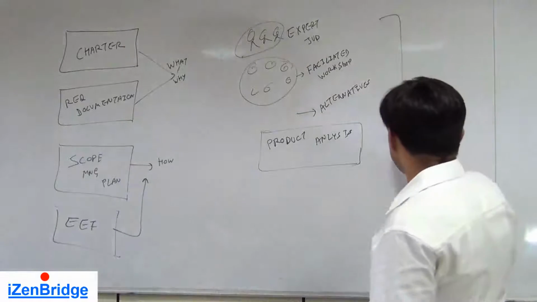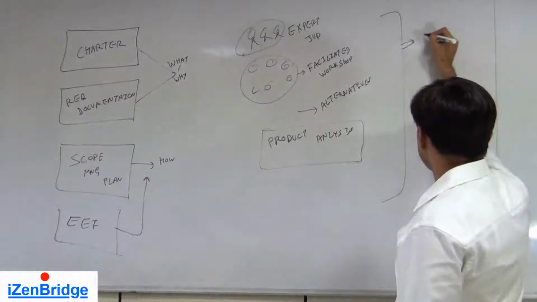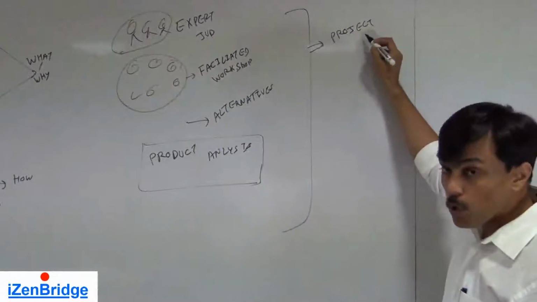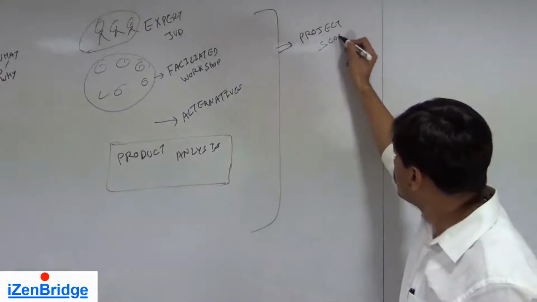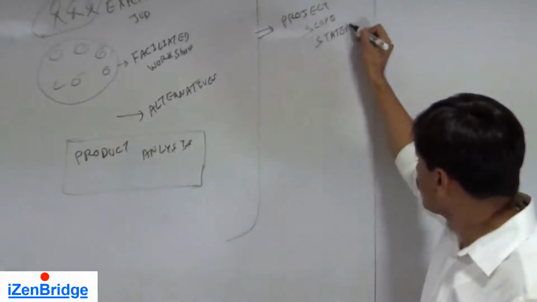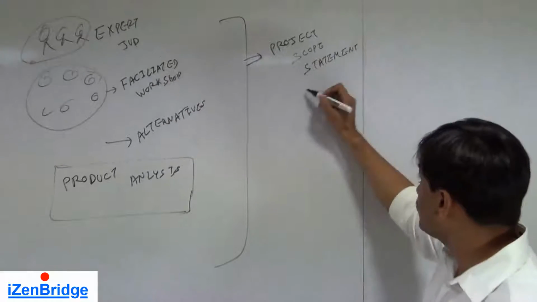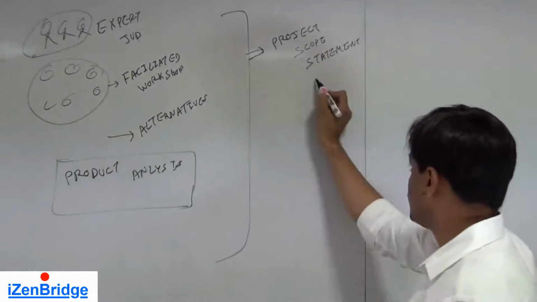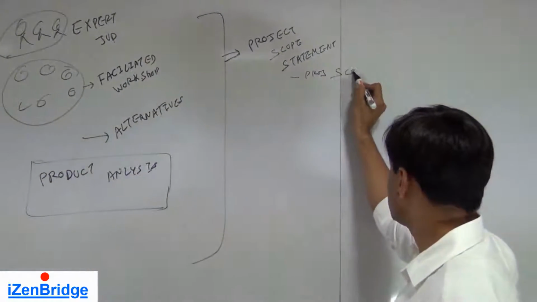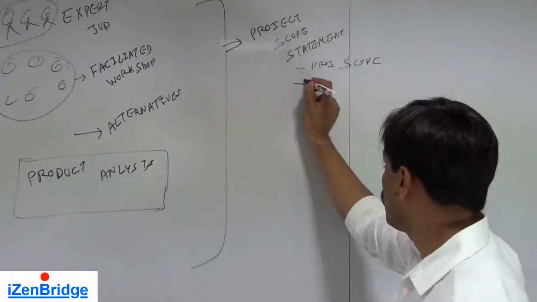So the output comes as a project scope statement. Now the project scope statement will have things like project scope and product scope.